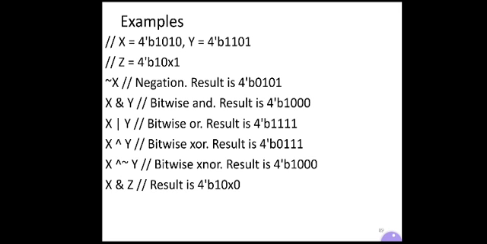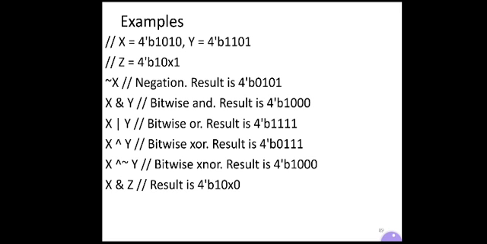X and Y. X is 1010, Y is 1101. Perform the bitwise AND operation. So 0 1 is 0, 1 0 is 0, 0 1 is again 0, and the most significant bit 1 1 results in 1. That's why the result is 1000.